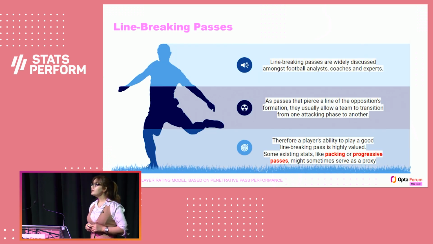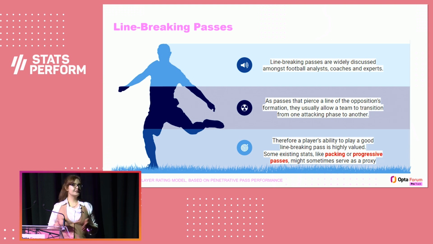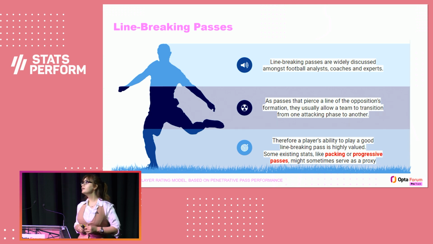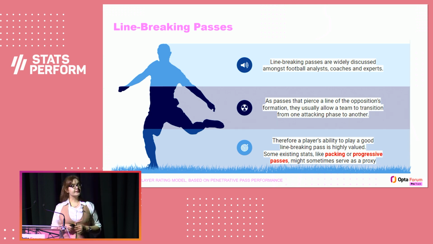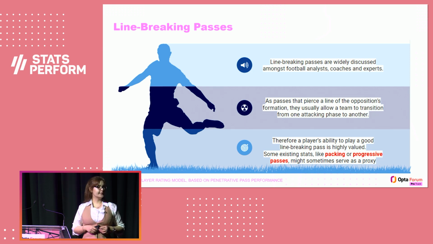Previously, there are at least 10 papers written about line breaking passes, and some projects by different companies. Line breaking passes are widely discussed among coaches and players because they break through the defensive line. The line can be, for example, a line between two of the opponent's players.